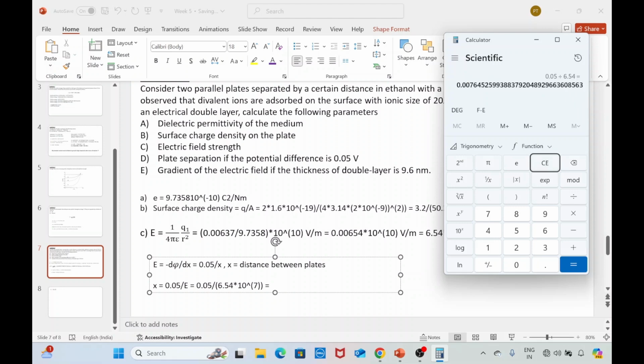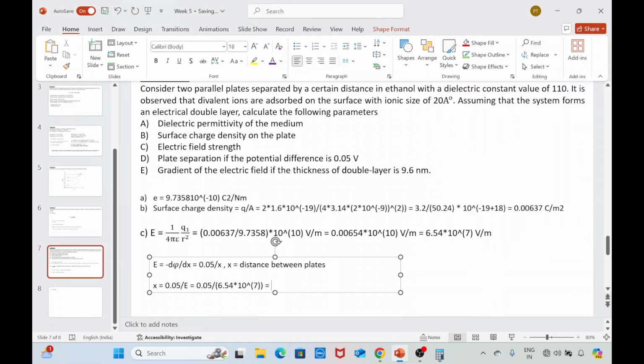So that is 0.0076 over 10 power minus 7 meters. This can be expressed as 7.6 nanometers. So this is the plate separation if the potential difference is 0.05 volt.